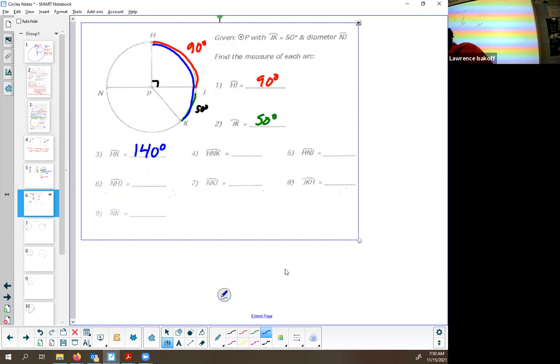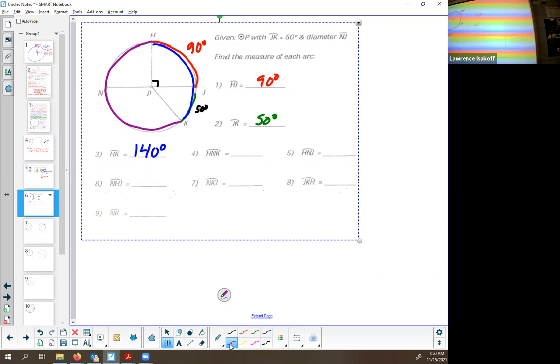Now it says H to N all the way to K. Well, that's just the other side of this, right?